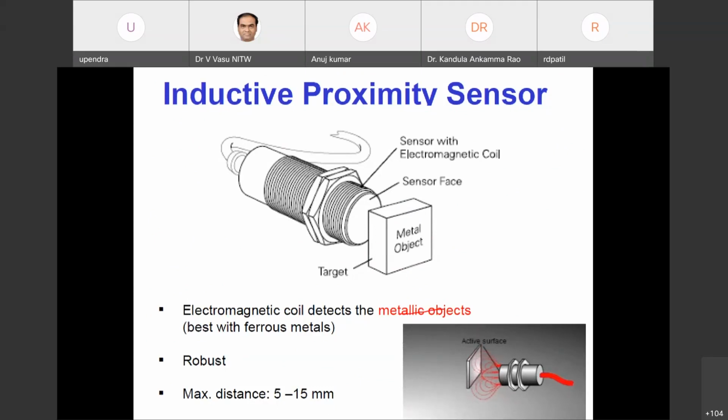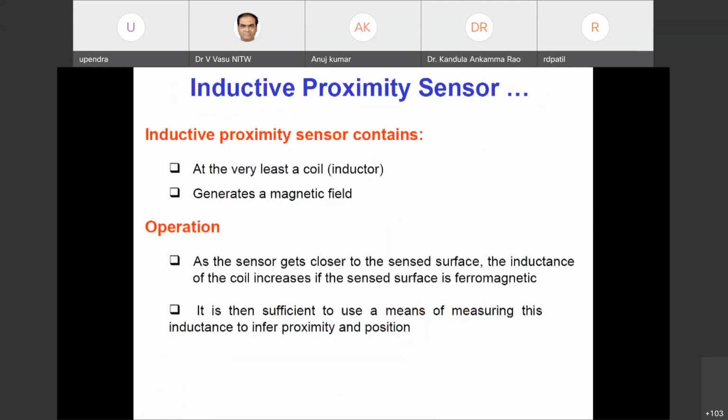The main drawback of this inductive proximity sensor is that it can work only for metals. If you place a plastic material, you cannot get a signal. It must be a metallic object, and the distance will be 5 to 15 mm.